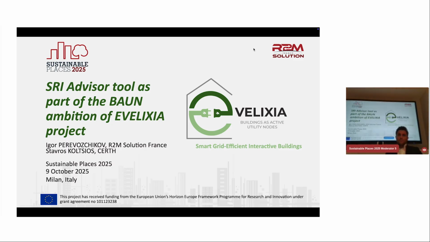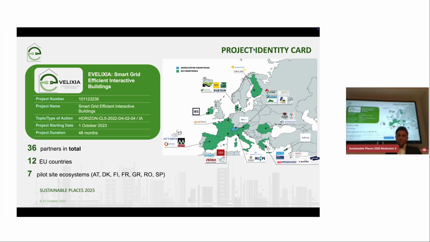So, in the easySRI project, we have a stronger focus on the SRI indicator. This focus is realized by implementing the SRI Advisor tool. The SRI Advisor tool allows building owners and building users to select the most cost-effective building upgrade actions in order to raise the SRI class of one building by 1 letter or 2 letters or more.